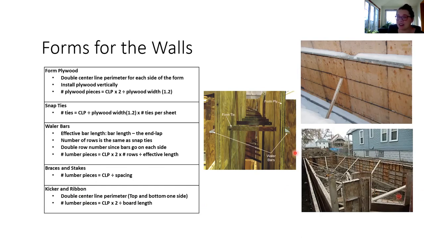There's a lot of pieces there. Take a second when you have time, especially when you get to doing your assessment, I'm going to want you to stop and think about all the pieces that you need to calculate, and imagine, what if we had ICF instead? Would you need snap ties?